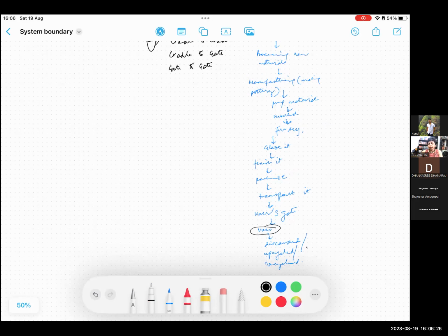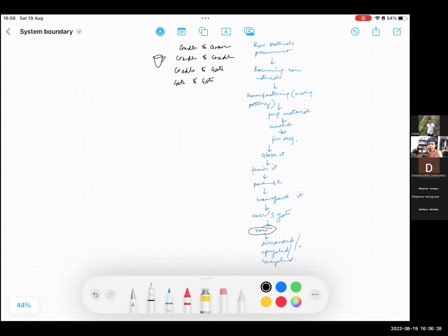I also feel, I always get confused. The last assignment was the same thing, because it is reusing. Even the example of glass bottles: it has to go back to the manufacturer, again filling and coming back.